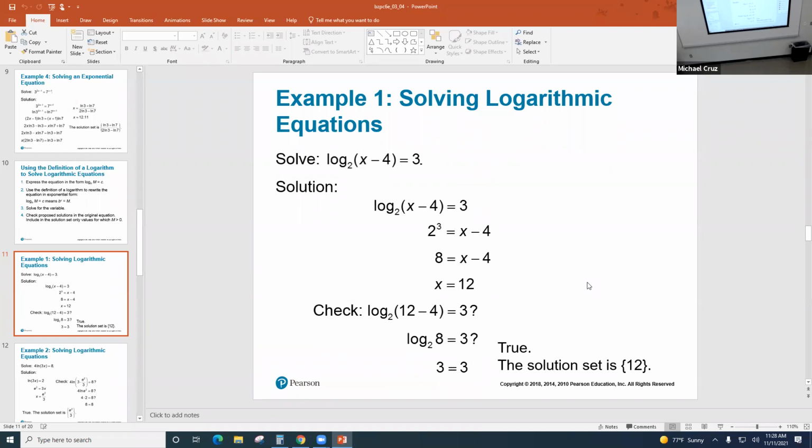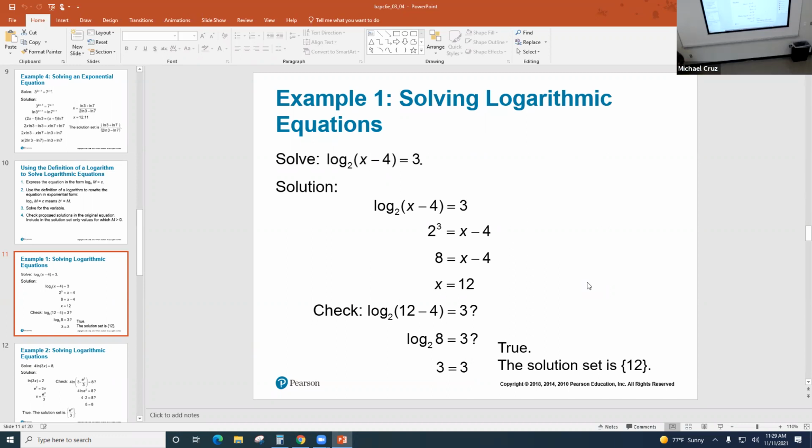Now, with these, you remember how I mentioned to you that with almost all functions, the domain is negative infinity to infinity. But the exception is the logarithm. Even though it's still a function, it's reversed. The range is negative infinity to infinity, but the domain is going to have to be restricted.